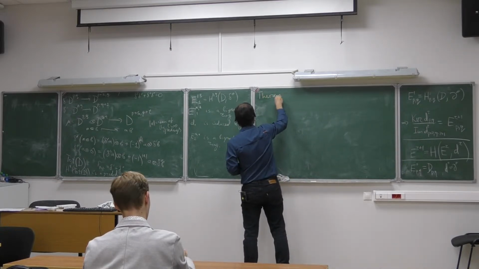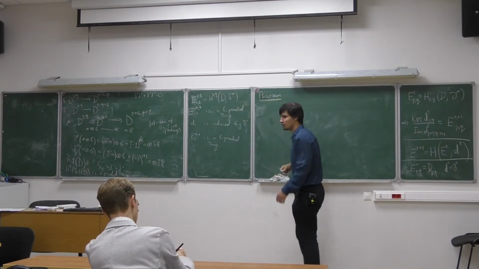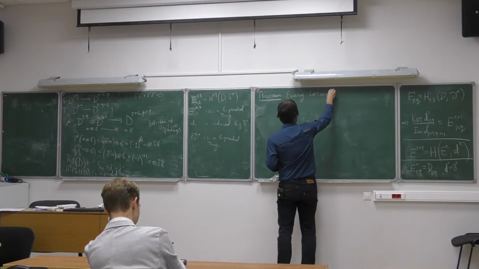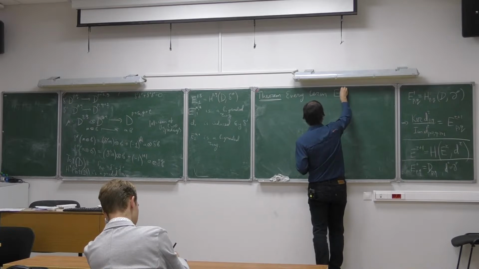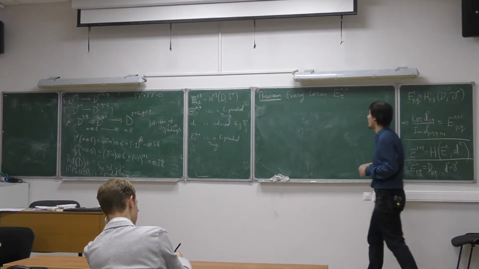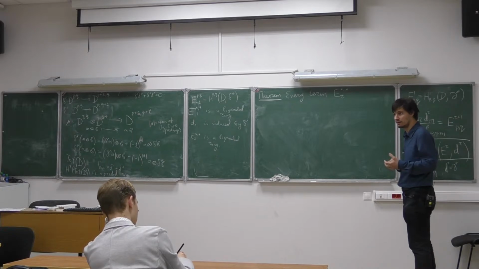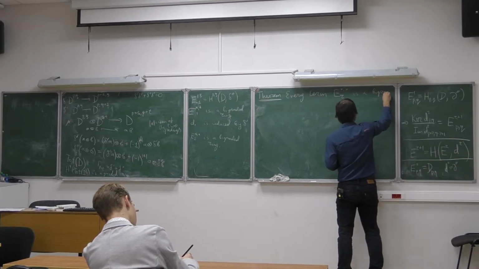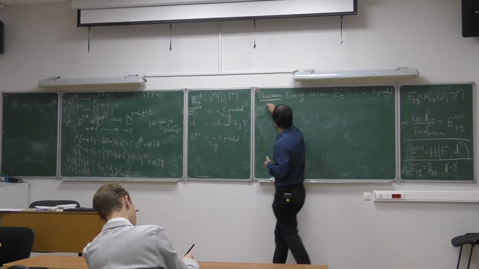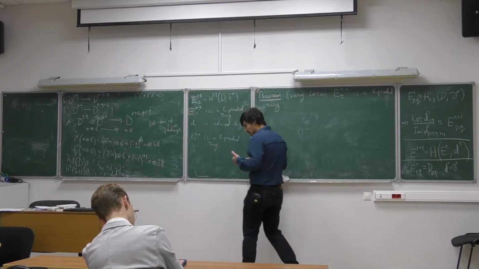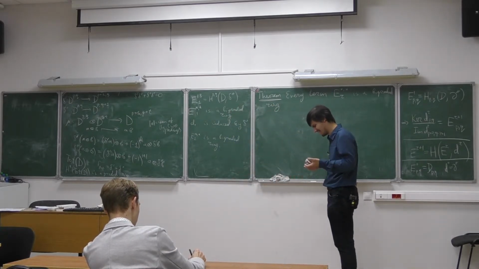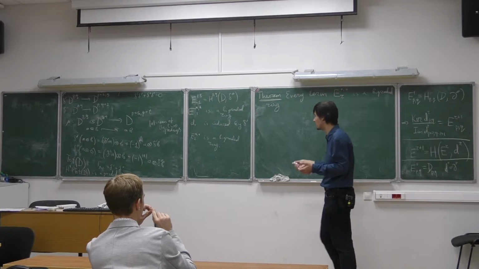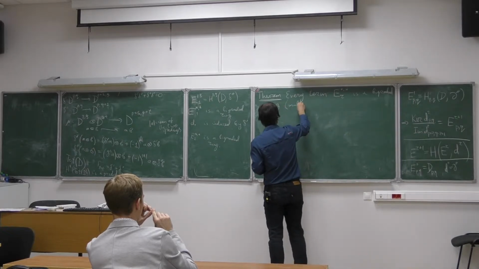The theorem is that every term E_r of our spectral sequence is a bigraded ring, and actually not just a bigraded ring, it is a bigraded ring with respect to the multiplication which is induced by the initial multiplication.